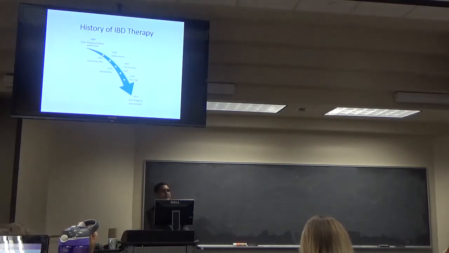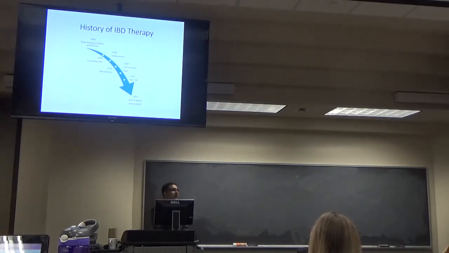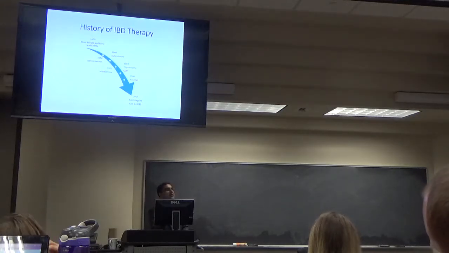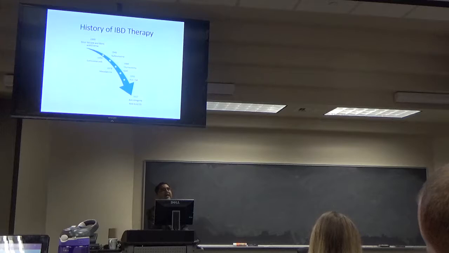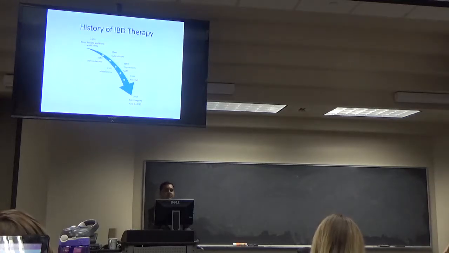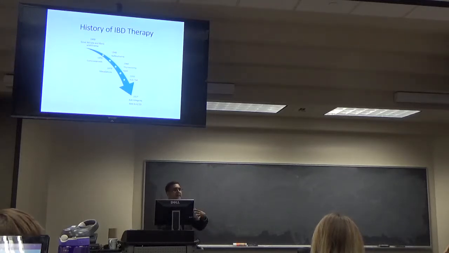1950s we got steroids. 1970s we got mesalamines. In 2000 we got anti-TNF therapies. And just recently, last year, we got anti-integrin and anti-interleukin 12 and 23 also. So we have made a lot of advancements because we know that not all patients secrete TNF alpha and would benefit from anti-TNF.